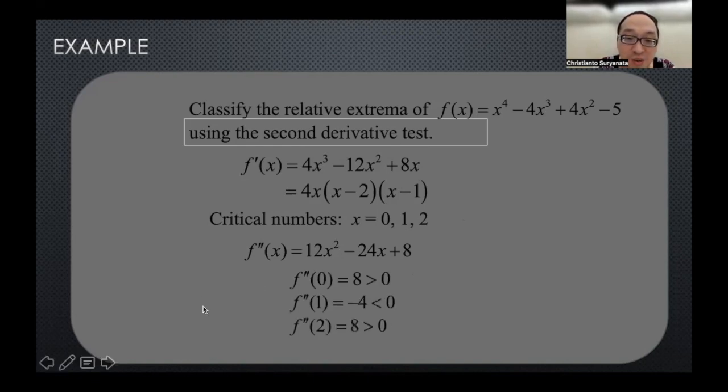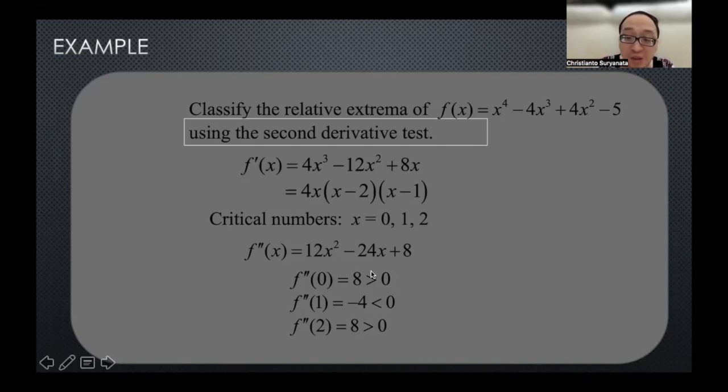Where x equals 0, the result of the second derivative is 8, which is a positive value. When x equals 1, put into the second derivative, we have negative 4, which is smaller than 0. And when x equals 2, we get 8 as well, and this is positive, greater than 0.